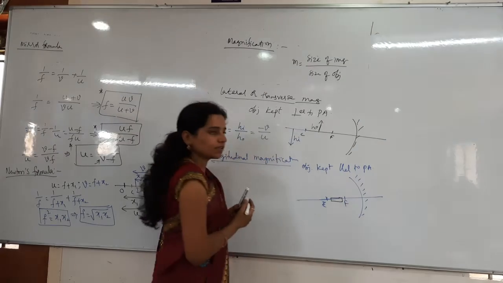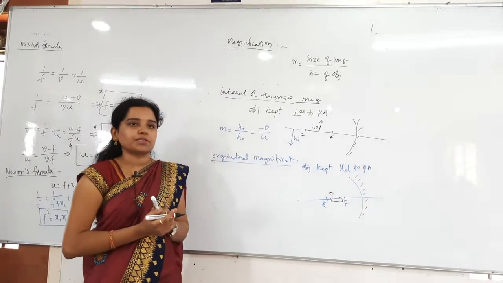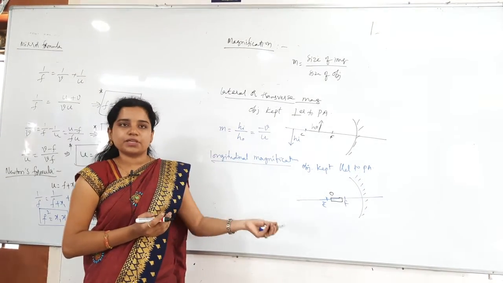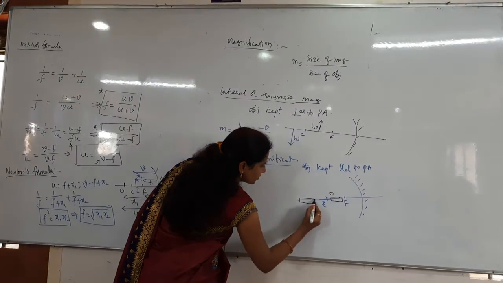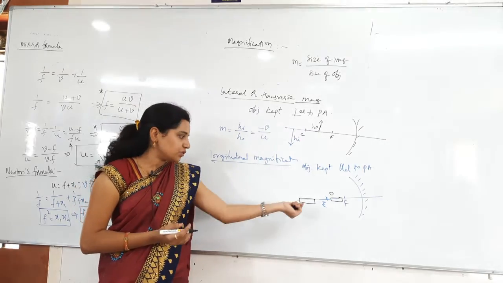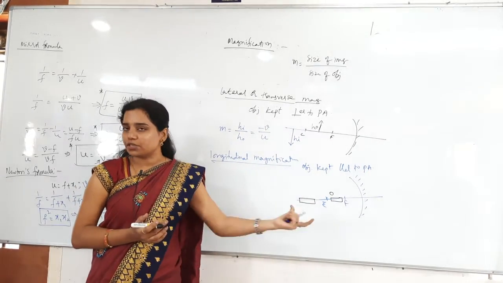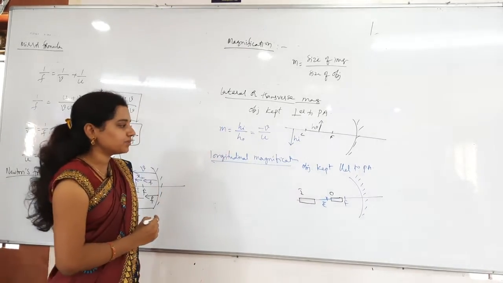Like this, the object is kept. This is the object I have taken. Where will the image be formed? Obviously, between C and F means the image will be formed beyond C only. So beyond C the image is forming like this. That is the image I have taken. Obviously enlarged only, so I have taken a little bigger image here. This is the image.